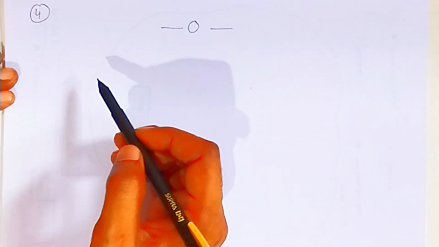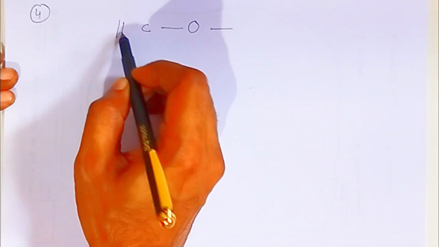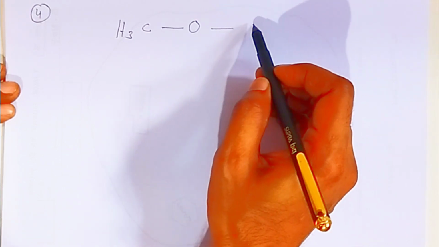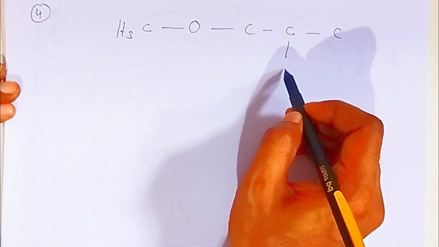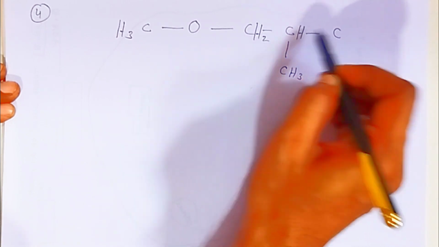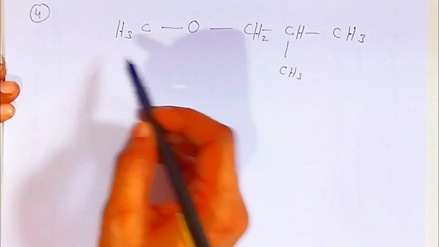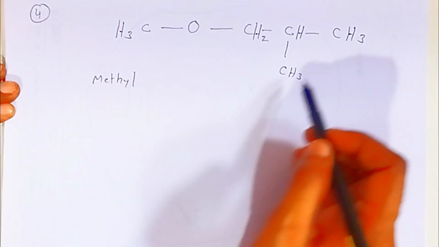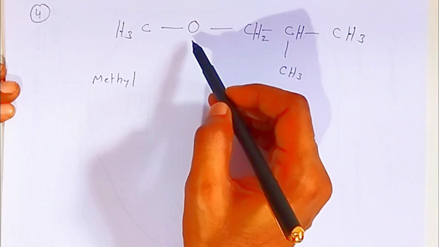In the fourth molecule, oxygen is there, students, having 2 valency. One is attached to 1 carbon, that is methyl. The other is attached to an alkyl containing 4 carbon, CH by 4 the valency. So this is the methyl, and which type of alkyl is attached to the oxygen?